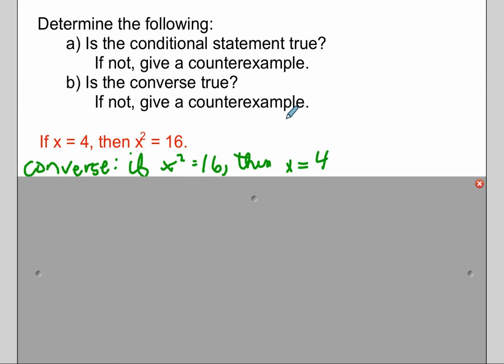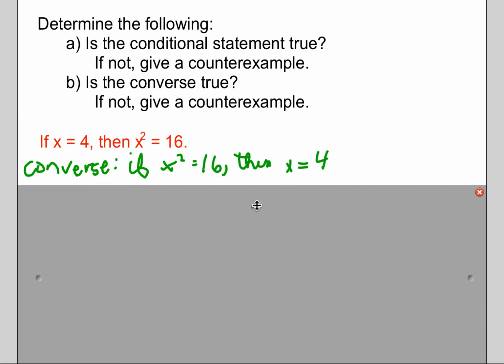Well, actually, when you think about it, let's solve x squared equals 16. In order to get x by itself, I would need to take the square root of both sides.